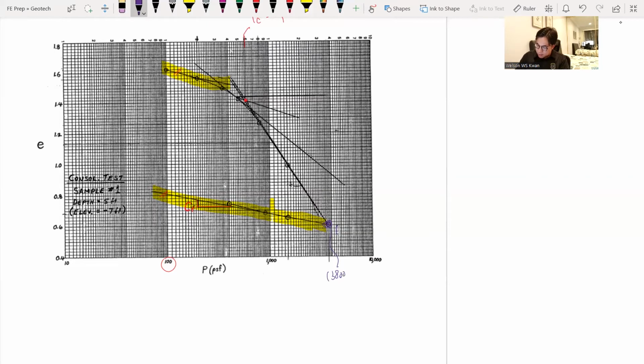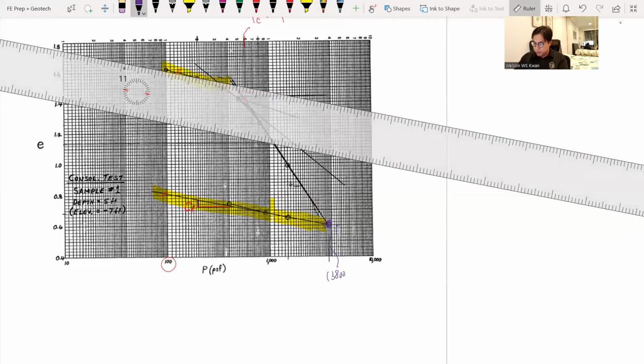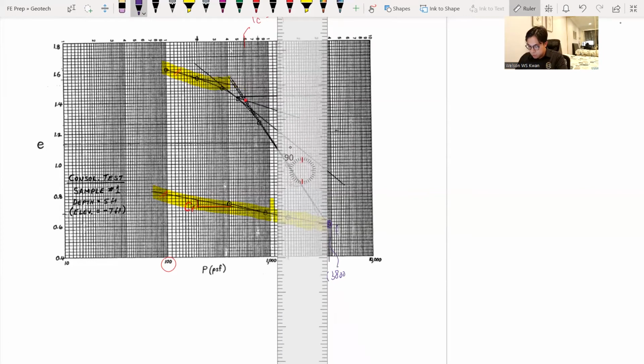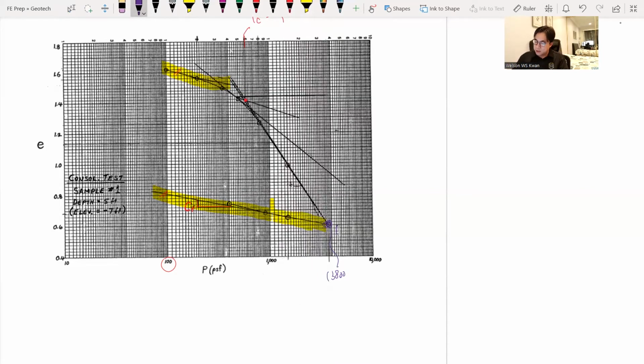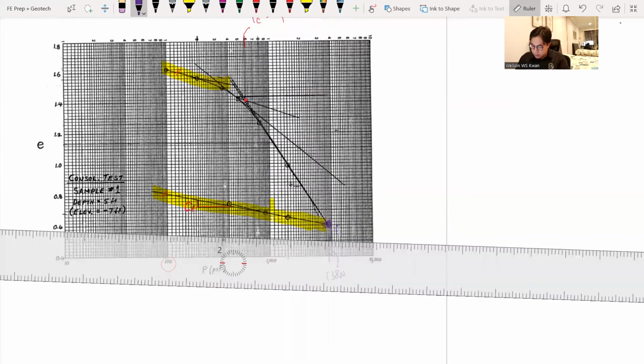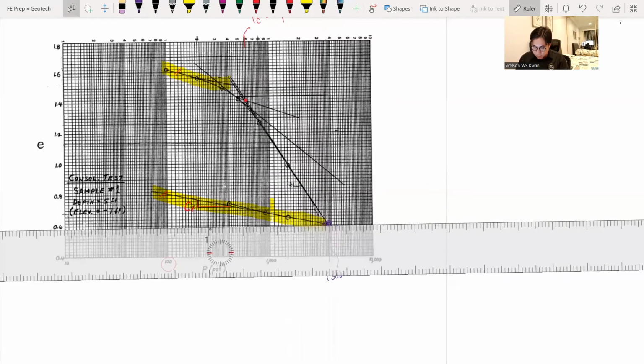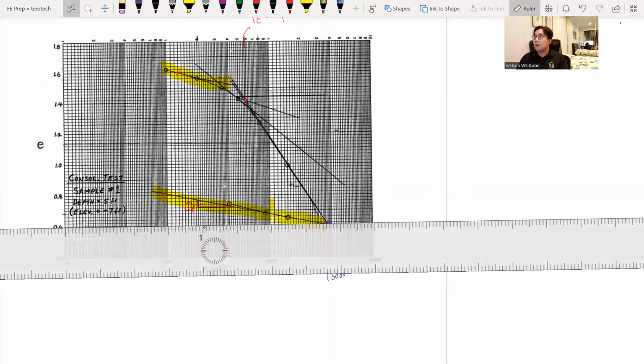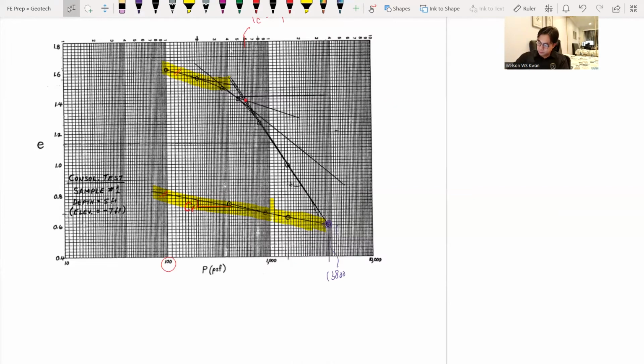Again, reading from the log scale, we get about 3,800, and the corresponding y-axis we are reading about 0.6. So that's the coordinate pair that we get, and we will get the other point here.